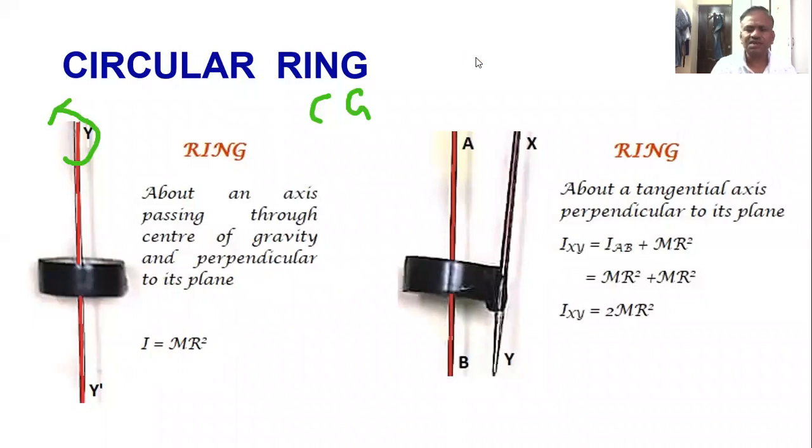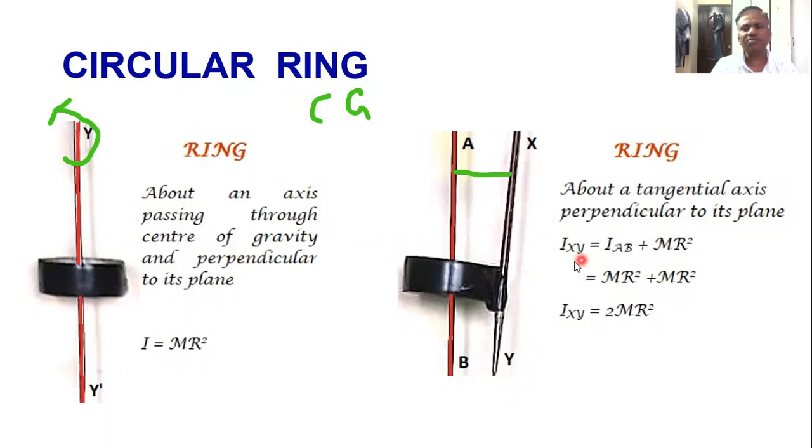Next, another case. Here, about the axis XY, XY is a tangent to the ring. In that case, you should remember that AB and XY are parallel axes.